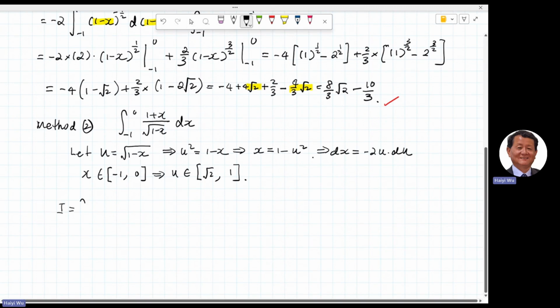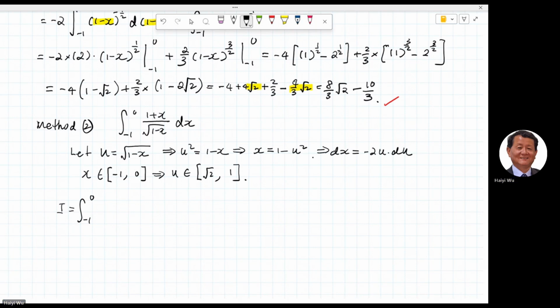So therefore, my original function will be, first we're going to use 1. So the top is 1 plus x. So what's x? It is 1 minus u squared, divided by u, then dx is negative 2u du. So we're going to cancel u out.